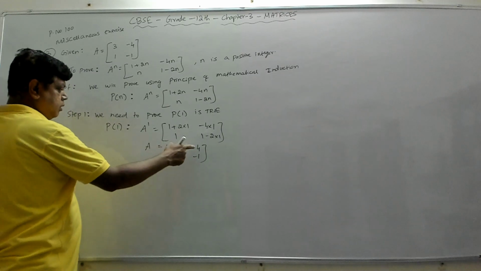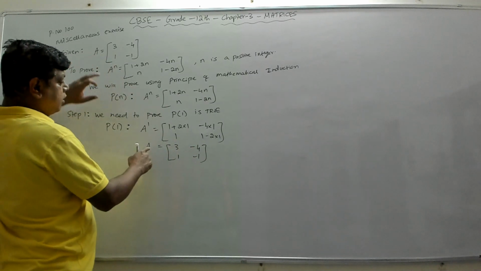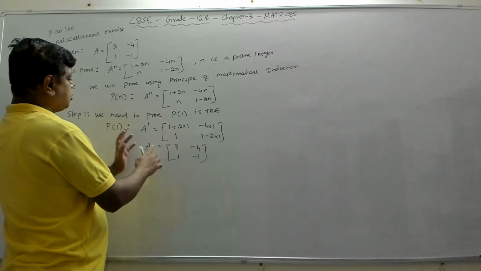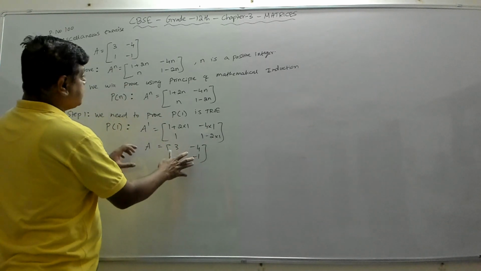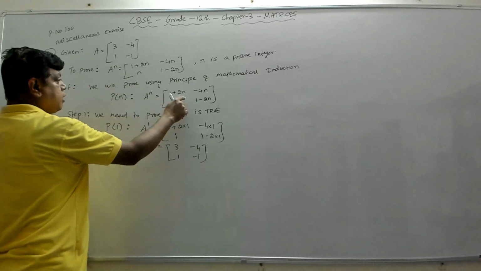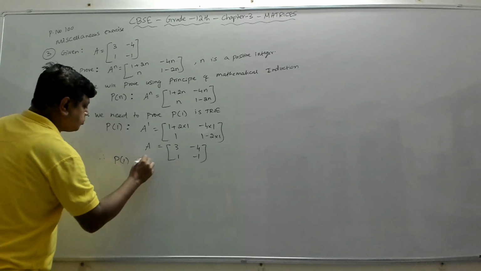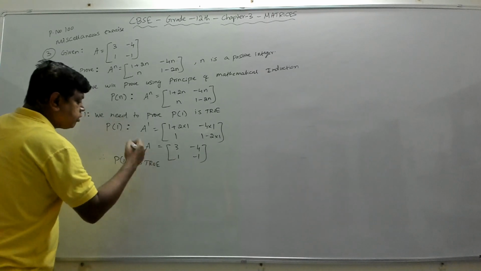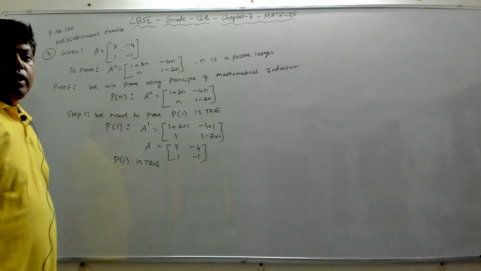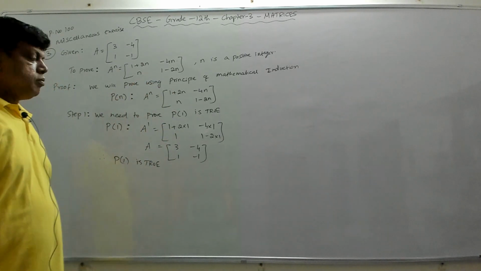So we got back A, which is matching with A. So we got LHS equal to RHS. When n is equal to 1 we are getting A as this, and it is given that A is this. Therefore this is true for n equal to 1. So we can say P of 1 is true. We have proved that for n equal to 1 the given statement is true.